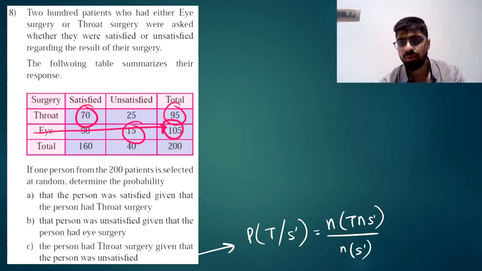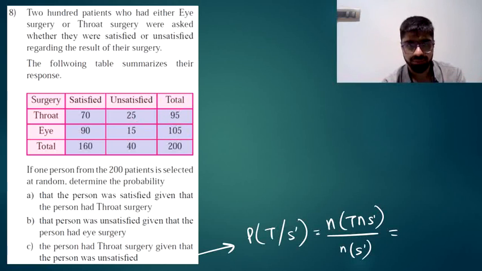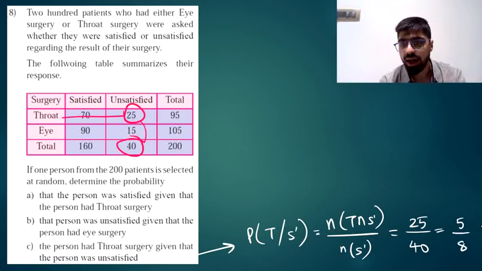T intersection S complement means the number of throat surgery people who are unsatisfied, which is 25, and N of S complement means the total number of unsatisfied people, which is 40. So here it's going to be 25 upon 40, which is equal to 5 upon 8. And that's how we are answering our third question. Typical conditional probability concepts. I hope you are clear with that.